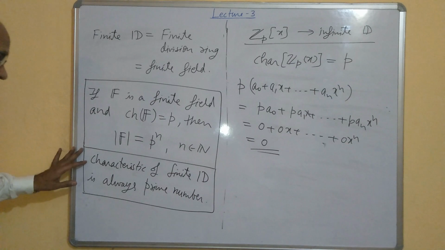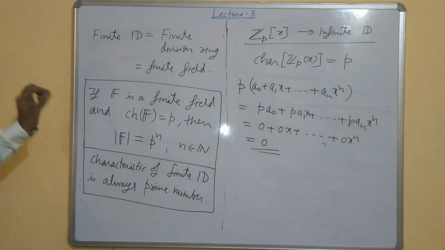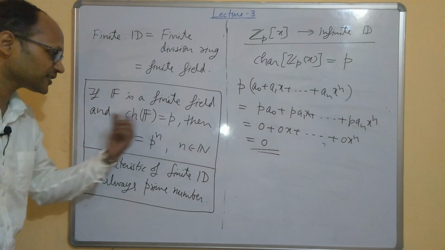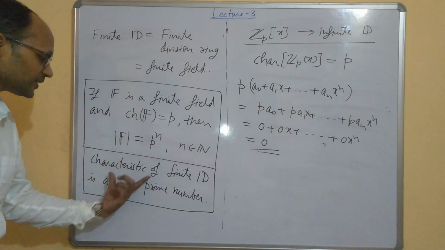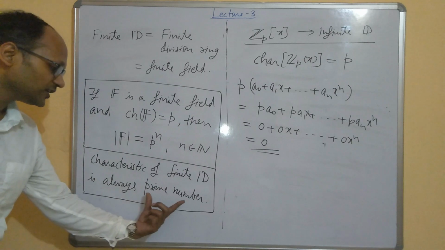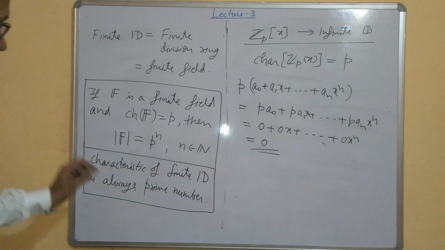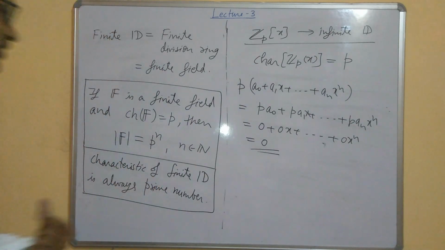But if you have a finite integral domain, that will be a field and it will have a finite characteristic, because a finite group cannot have an element of infinite order. As soon as it has a finite characteristic, that characteristic will become a prime number.